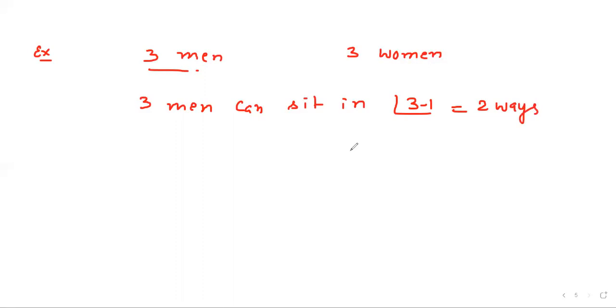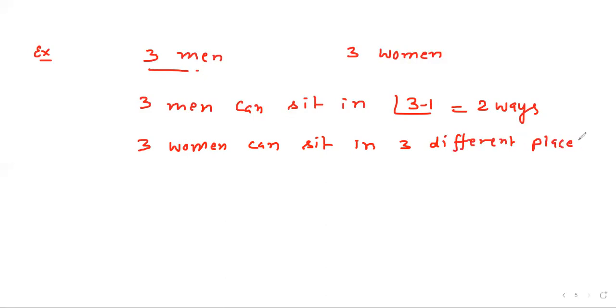Now 3 women can sit in 3 different places in factorial 3 ways.